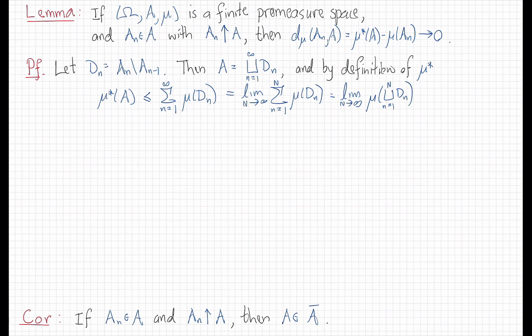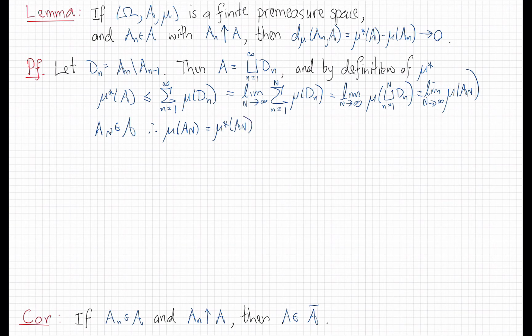But by the telescoping definition of the dn's, that is the same as mu of A capital N. Now, A capital N is a set that is in the field. And therefore, by what we proved in the previous lecture, the premeasure of an is the same as the outer measure of an.